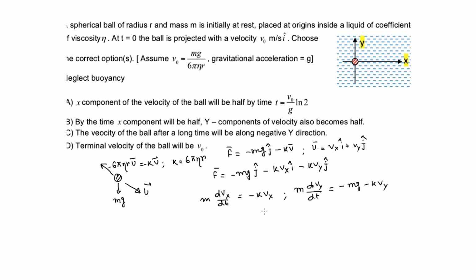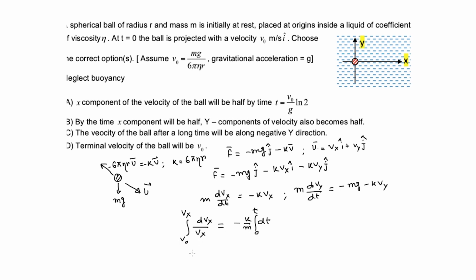Now I have got two equations, one for x, one for y. If I integrate those equations, I will find the values of vx and vy as functions of time. For example, integrating for vx, dvx by vx is equal to minus k by m dt. At t equal to 0, the value of vx is v naught, and at time t it is vx.